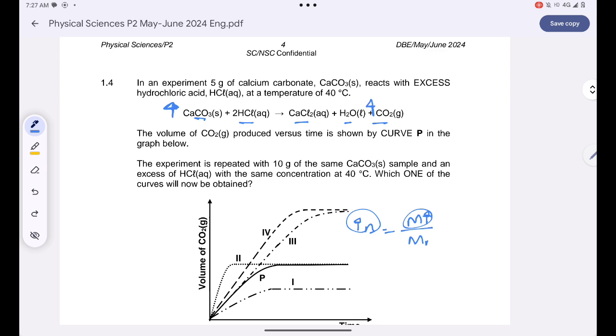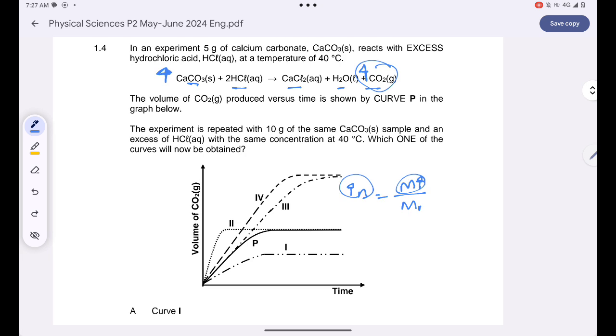And whenever I increase the number of moles of my carbon dioxide, I'm increasing the volume collected. Why? Because for gases, the number of moles is equal to the volume of a gas divided by the molar volume. This simply means that the number of moles is directly proportional to the volume of the gas.